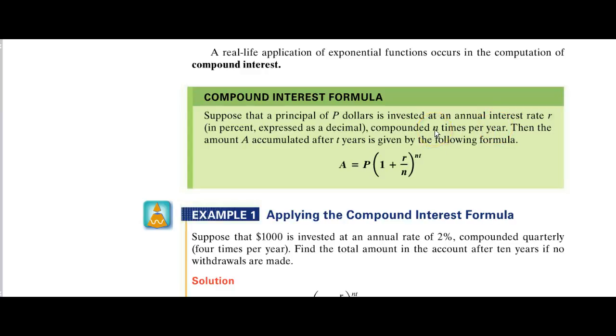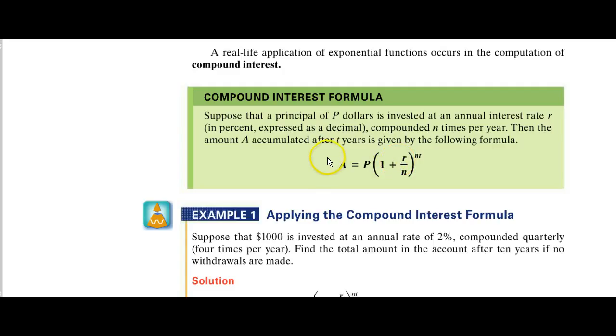If it's biannual, n would be 2. Quarterly would be 4. Monthly would be 12. So n is the number of times compounded per year. Then the amount that you get after that time is A, and t is the number of years. So there's the formula, and again, something you'll need in your notes.